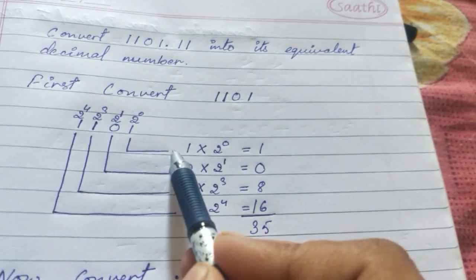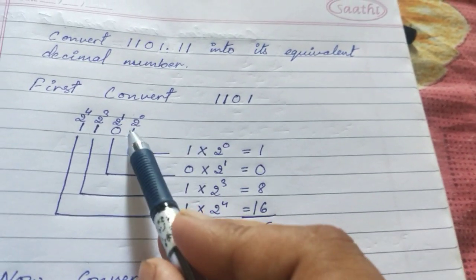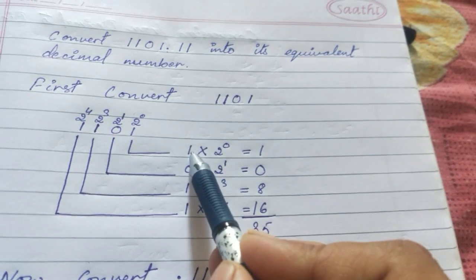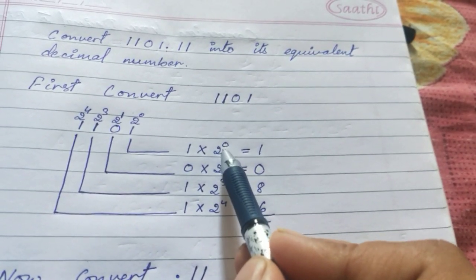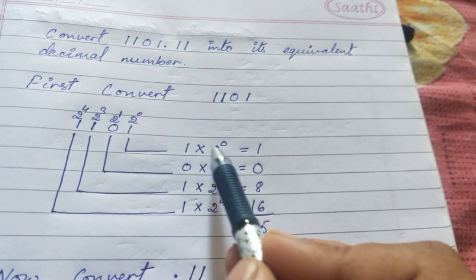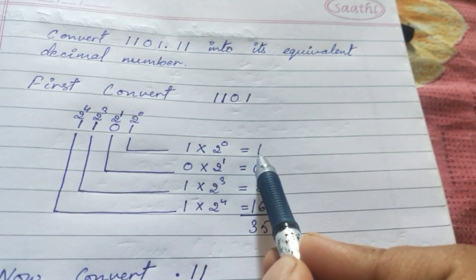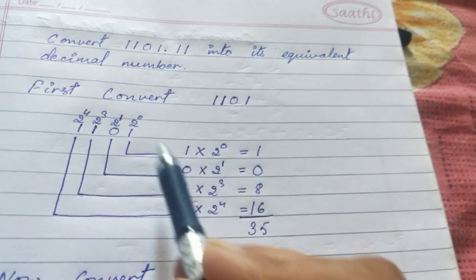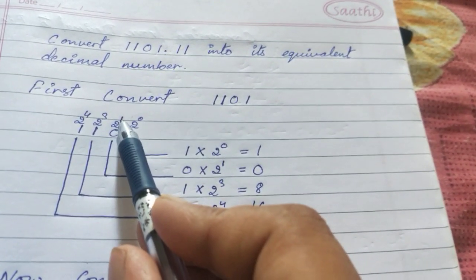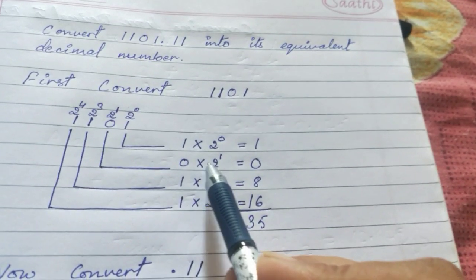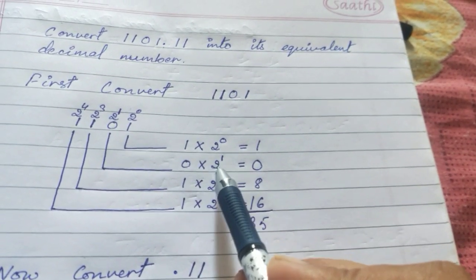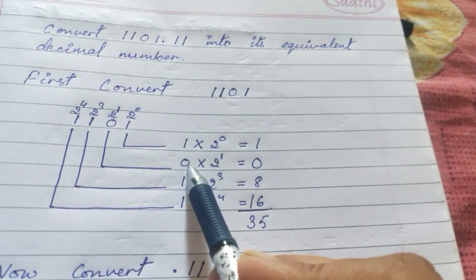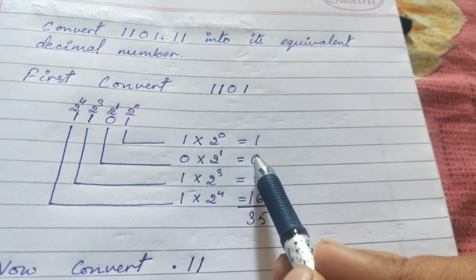So here you have put 2 to the power 0 above the last 1. How will you write it? 1 into 2 to the power 0. Now 2 to the power 0 is 1, so 1 into 1 will be 1. Now here it is 0, you'll write 0, and above it you have 2 to the power 1, so 0 into 2 to the power 1. 2 to the power 1 is 2, but you are multiplying it with 0, so it will be 0.